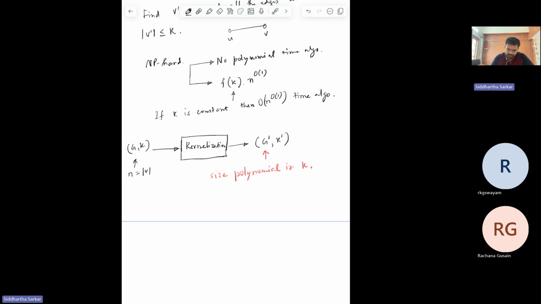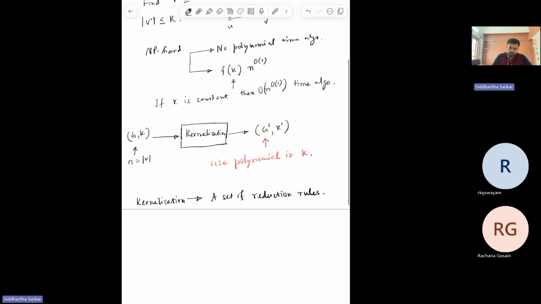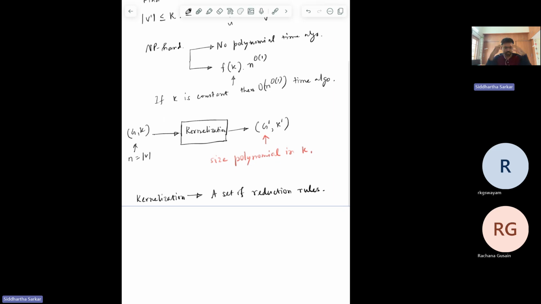Kernelization, as I said, is nothing but a set of reduction rules applied on the input. The graph needs to be made smaller by making some clever observations. So the problem that we are interested in is vertex cover.